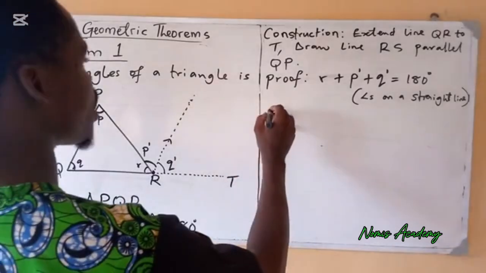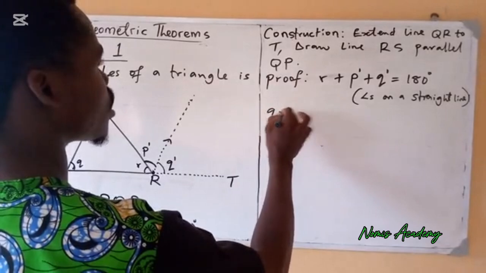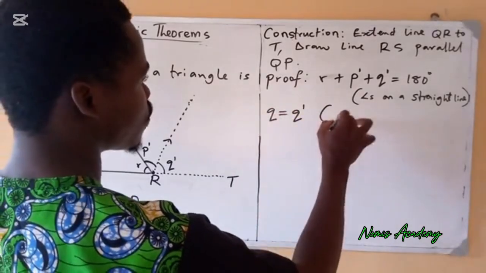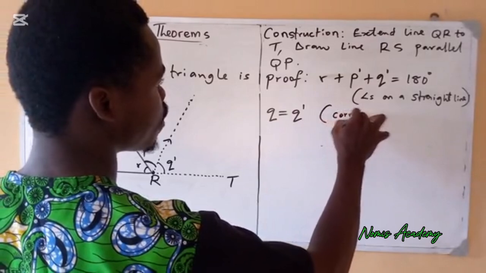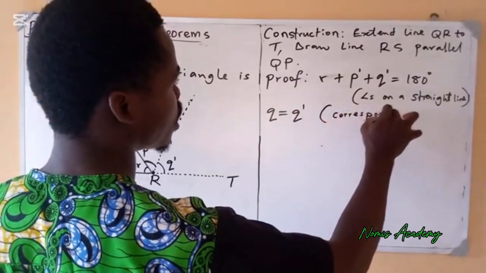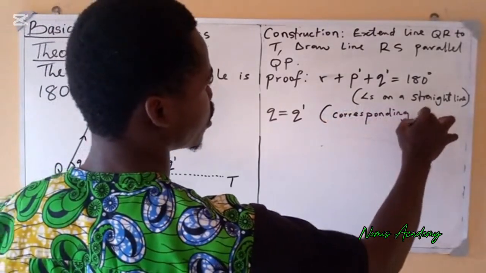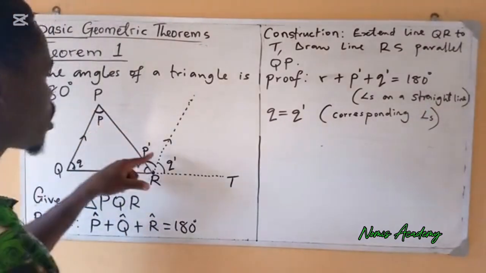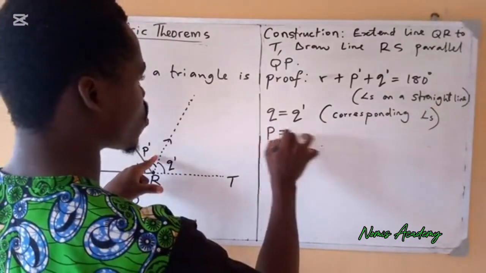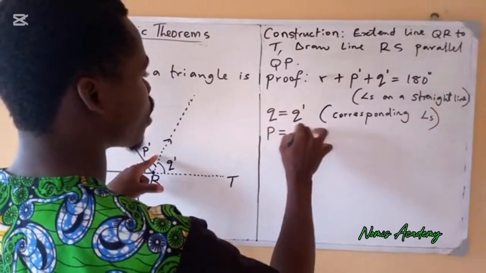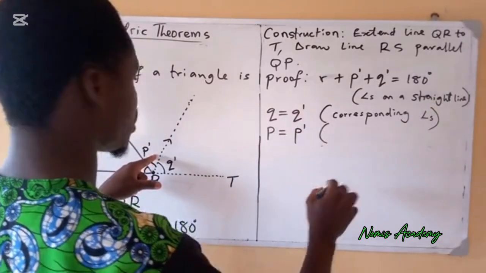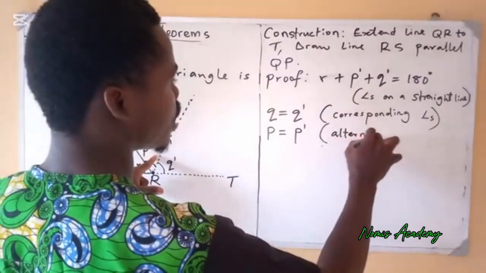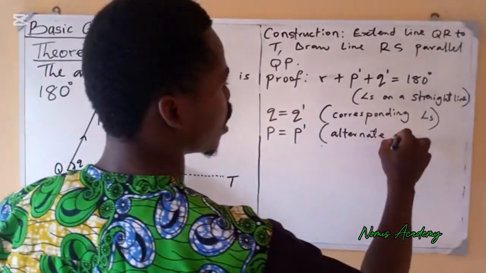Now, Q is equal to Q prime. And then what's the reason for that? Corresponding angles. And also P is equal to P prime, and the reason is alternate angles.